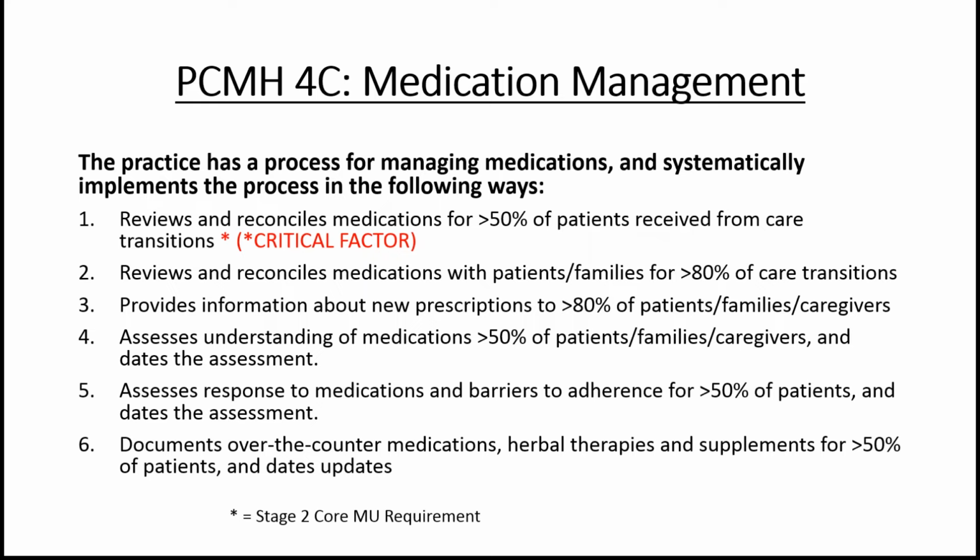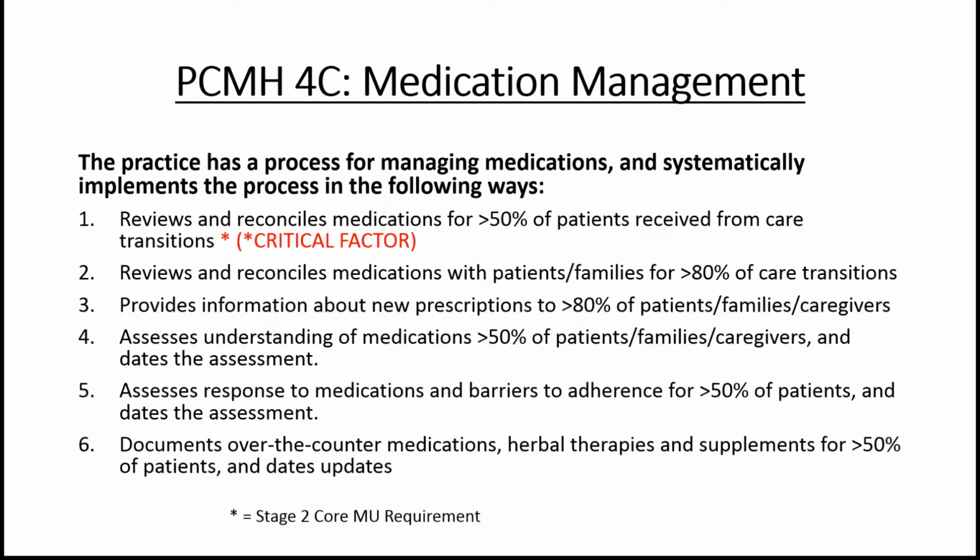So this is looking at, obviously providing information about possible side effects, the consequences of not taking the medication, why they're taking it, just so that there's some type of documentation that this information was provided about new prescriptions. Factor 4 assesses the understanding of medications for more than 50% of patients and dates the assessment.